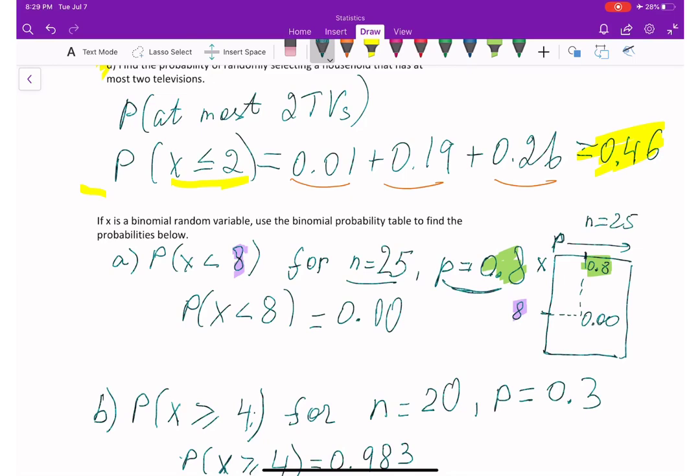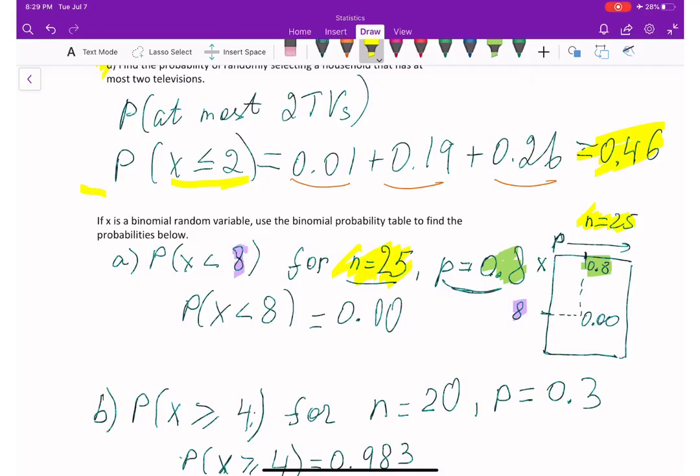And that is for n equal to 25. You have to make sure, because there are several n tables, so you need to pick 25. Once again, pick the n equal to 25 table.